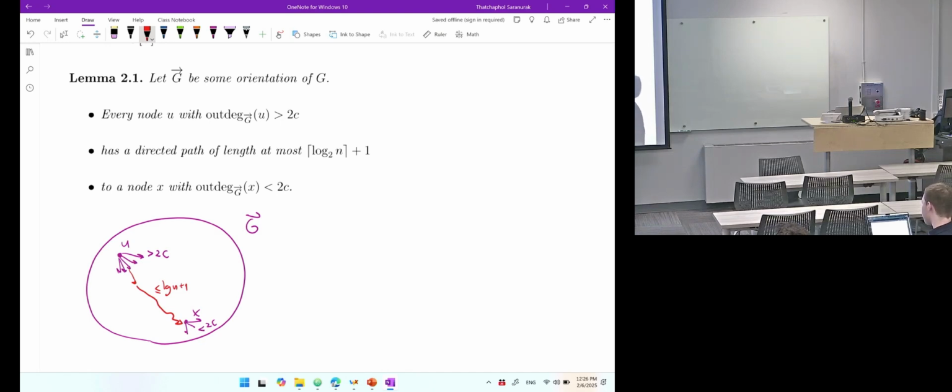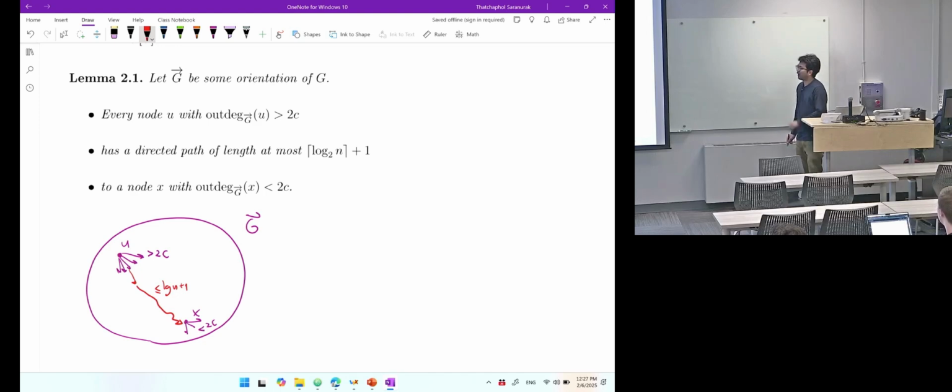But I claim this: for every node that has bad out degree, let's say more than 2C in G arrow, this node must have a directed path of short length to a node with small out degree in G arrow. If this node has big out degree, more than 2C, there must exist a directed path in G arrow to some X with small out degree. That's the claim. Is the claim clear?